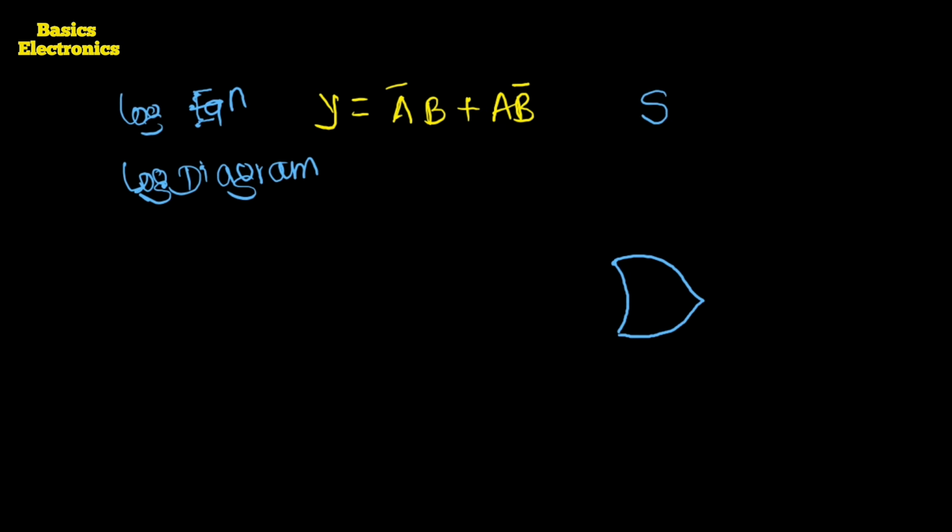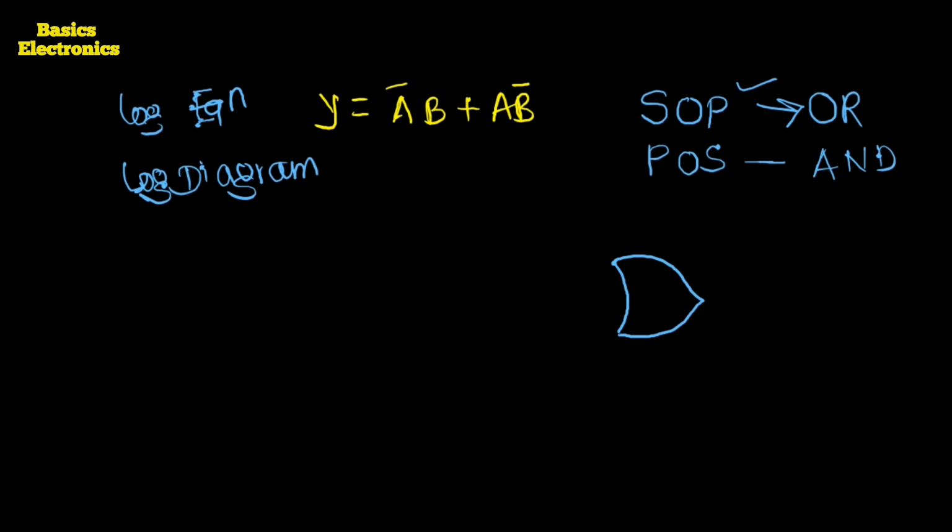One is SOP, sum of products, and the second one is product of sums. For the product we use the AND gate, and for the sum we require to use the OR gate. Here we require to use the OR gate.